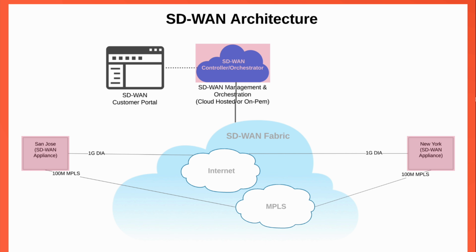This is the brains of the entire solution. Controller is like the eye in the sky that manages the entire network. It monitors the entire network. It's responsible for even looking at traffic flows and then figuring out which path each appliance should take in case of congestion, things of that nature.